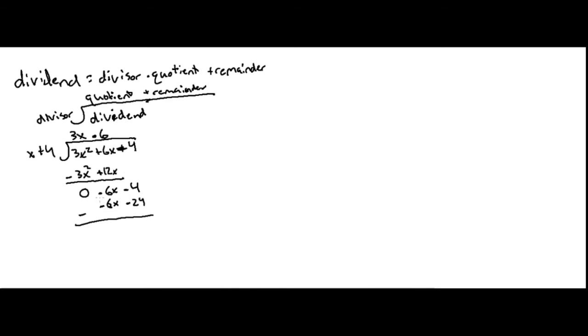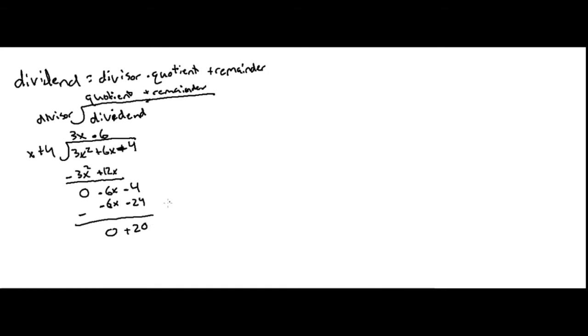Negative 6x minus a negative 6x is 0, which is what we wanted. Now negative 4 minus a negative 24, so you're just going to add that 24 to 4. We're going to have positive 20. And now we're at a point where the order of our divisor is greater than what's left in the dividend, so whatever is left here is our remainder.